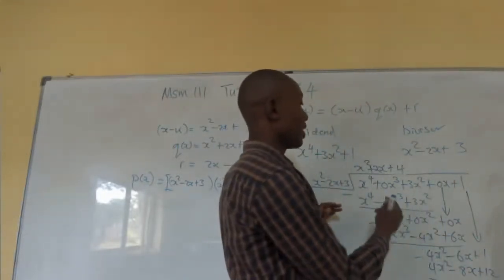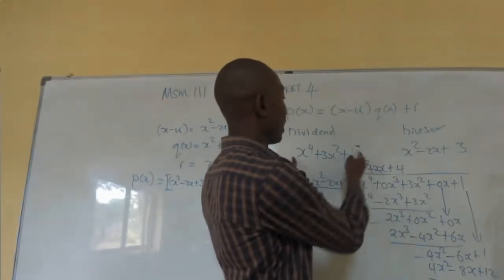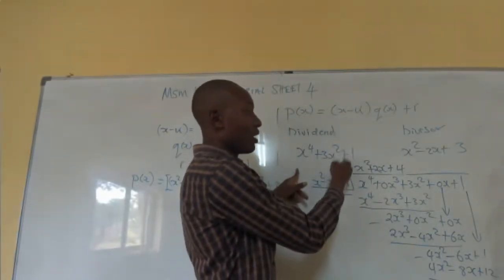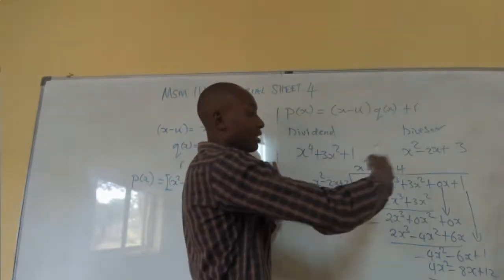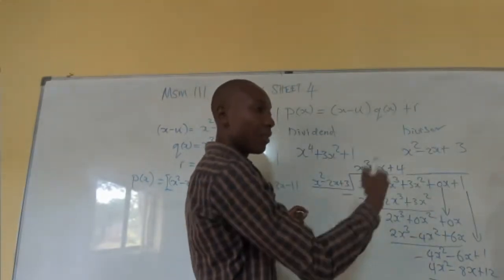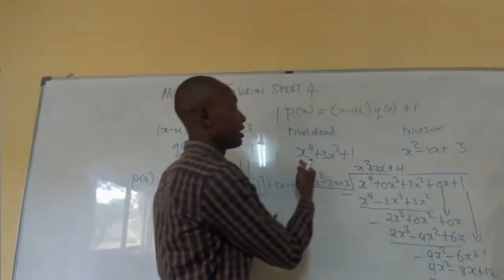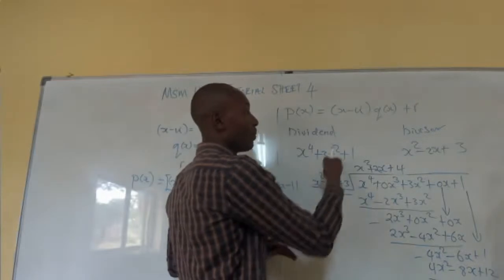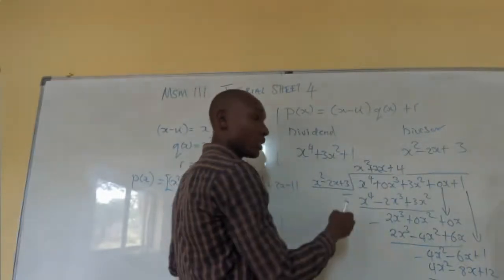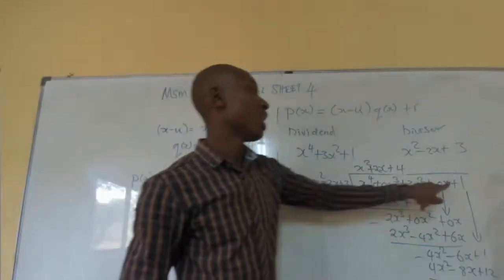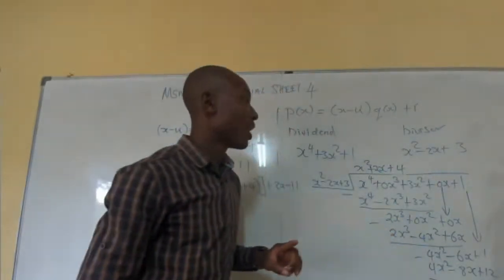So I actually replaced with 0. Here we said this was 4, the next one should have been 3, 2, 1, 0. This is in descending order, so the powers of the variable are supposed to be moving in descending order. But here it skipped; from 4 it went to 2. From 2 it skipped and went to the constant. So what was missing? The power 3 was missing, and the power 1 was missing.